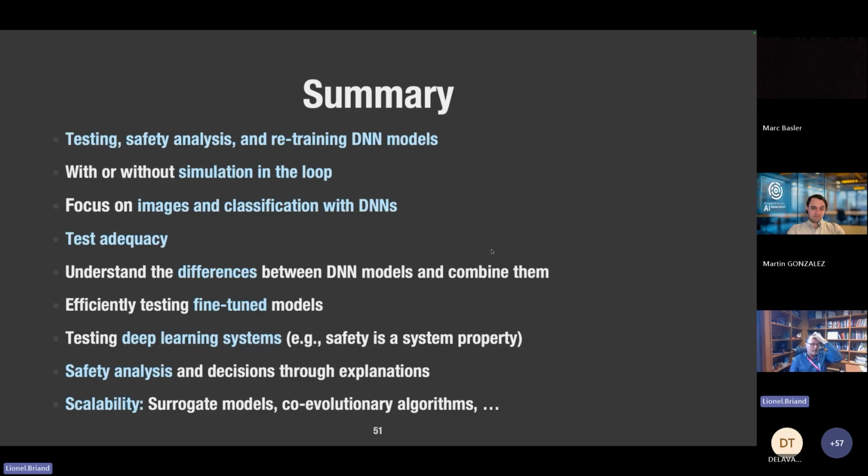I didn't talk about all the techniques I used to achieve better scalability, but I talked about coevolutionary algorithms. I didn't talk about surrogate models. This is one of the slides I've skipped, where instead of using simulators, we build surrogate models of simulators to be able to use them instead of the simulators in a large percentage of cases in order to achieve better scalability.